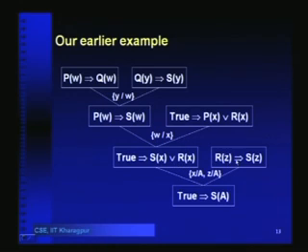Then we have Rz implies Sz, and again if we use A in place of x and Z, A in place of Z, then this becomes RA implies SA, right, and this becomes true implies SA or RA, right. So, that gives us true implies SA or SA, which is SA.